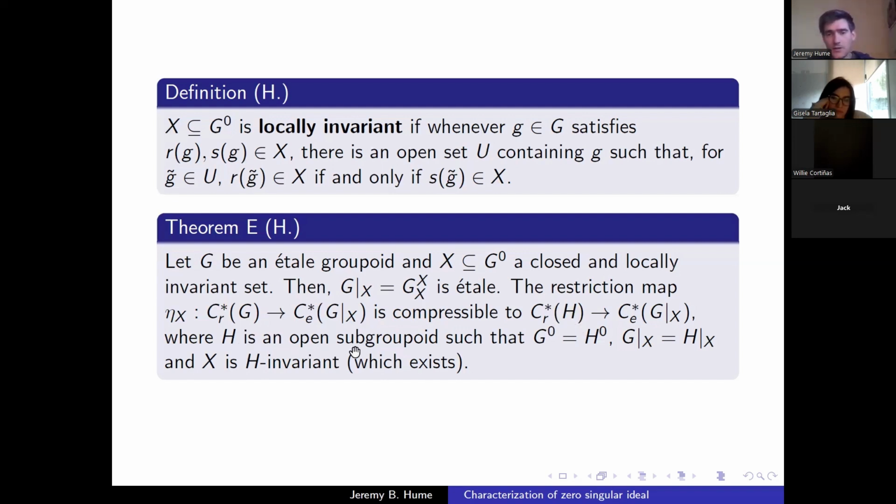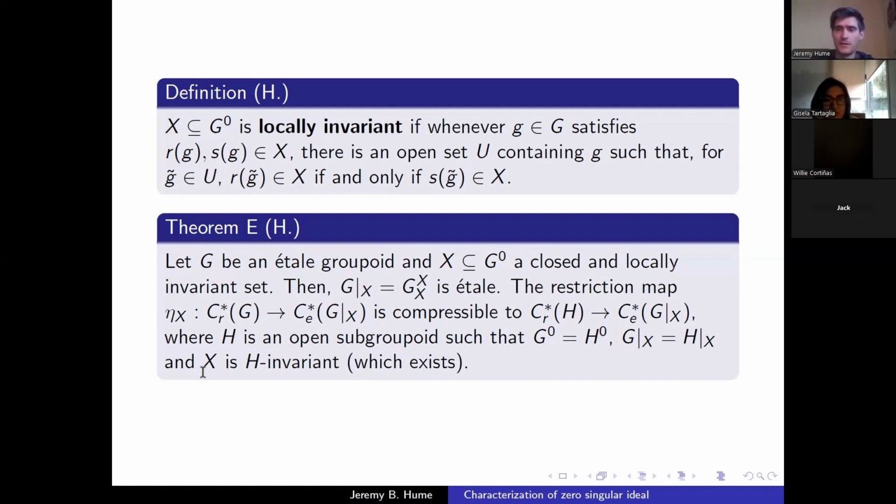H is an open subgroupoid which has the same unit space as G and the same reduction as G to X, with the extra property that X is actually H-invariant. So you can reduce your groupoid to an open subgroupoid for which X is actually H-invariant.